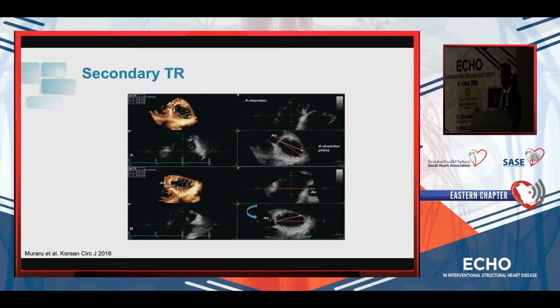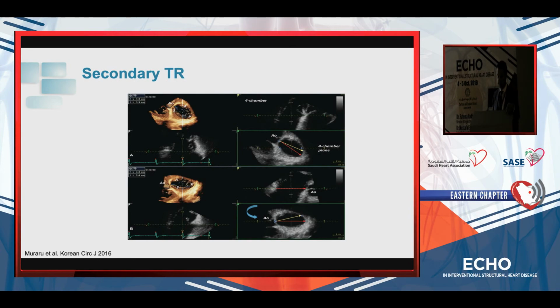So if we align our 3D lines, we can get an image which is the same as the red line. You can see this is more like a short axis view where we can see the tricuspid annulus at its largest. So if we do measurements, I really recommend you to do it by 3D.